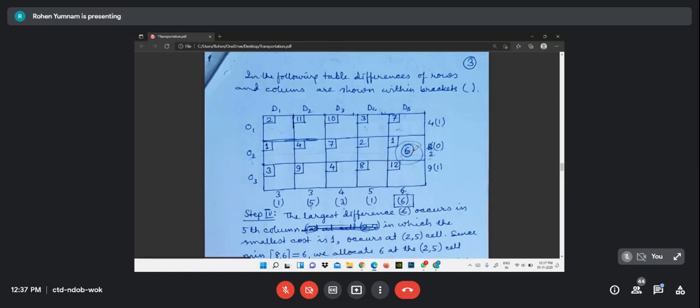So 1 is first and 1 is second, and the difference is 0. For the next row, 3 is the first minimum and 4 is the second, and the difference is 9.